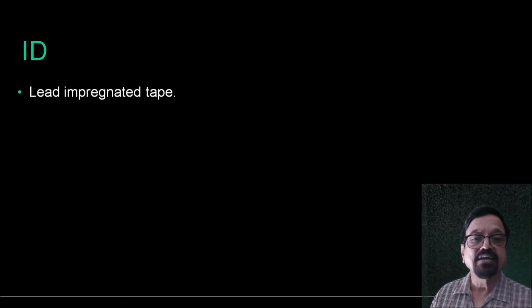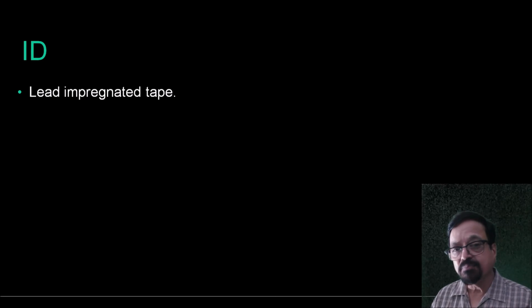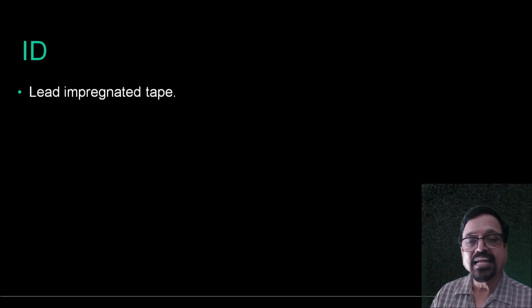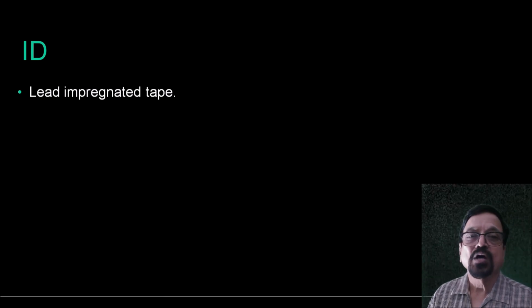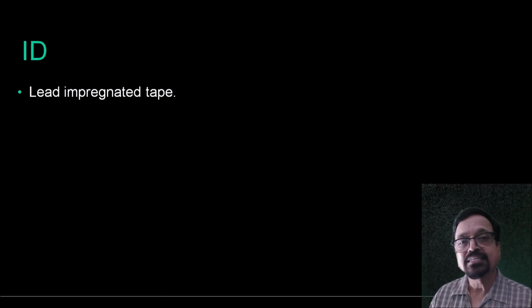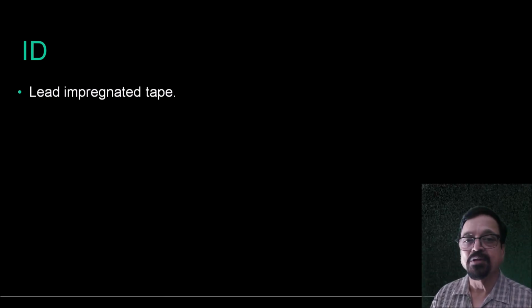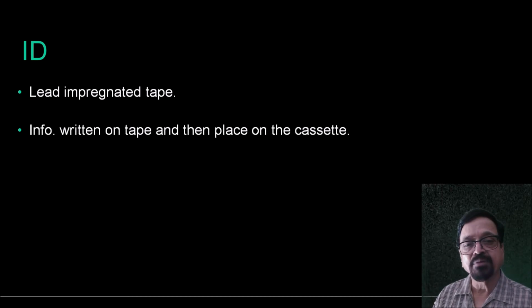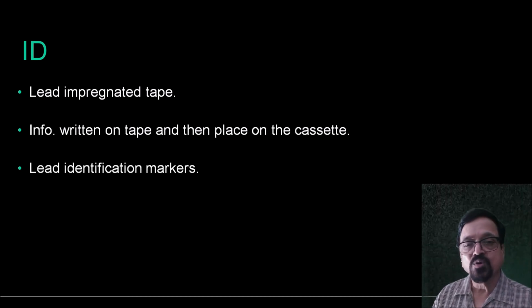Now, how is identification achieved? It is by lead-impregnated tape. As far as hospital name is concerned, it is commercially available. As far as side marker is concerned, yes, you have right and left. As far as numbers are concerned, there are different numbers which need to be written. So there is information written on the tape and then placed on the cassette.